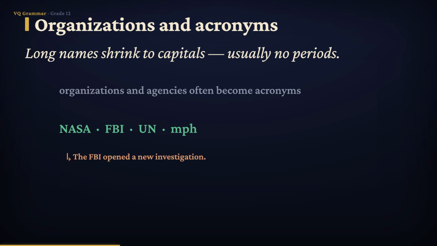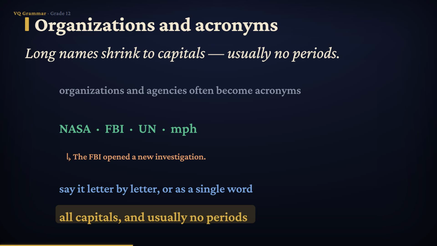The FBI opened a new investigation. Some of these we pronounce letter by letter, the way we say FBI. Others we say as a single word, the way we say NASA. Either way, the modern style is the same, all capitals and usually no periods.